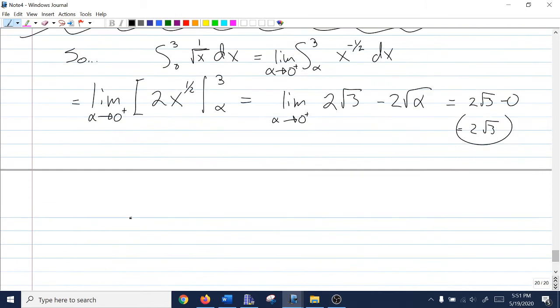When doing this, it's tempting to just ignore, not write out the limit, right? This will be 2x to the 1/2 evaluated from 0 to 3. And the act of plugging in 0 should be the act of evaluating a limit.